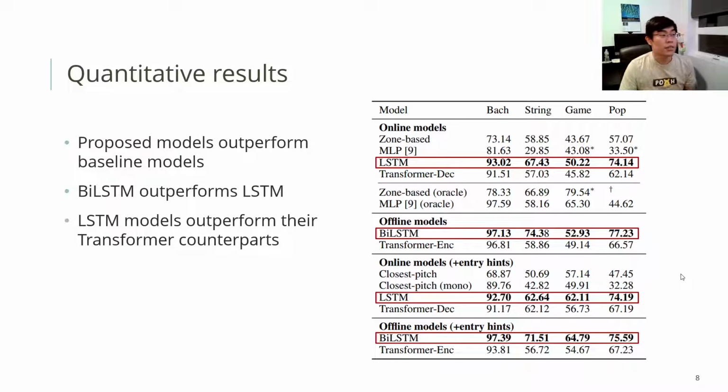Here are some quantitative results. As you can see in this table, our proposed LSTM and bi-LSTM models outperform various baseline models. Bi-LSTM outperforms LSTM, which is obvious because bi-LSTM has access to future information, while LSTM only has access to the past information. We also found that LSTM models outperform their transformer counterparts.